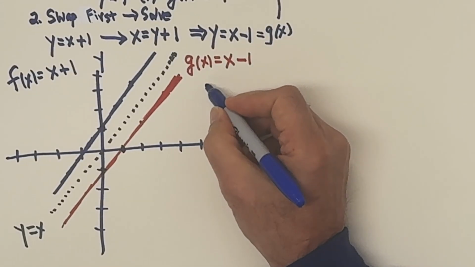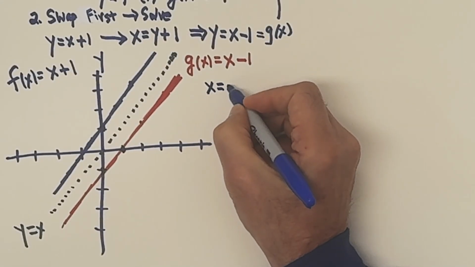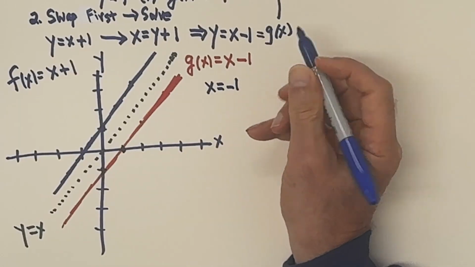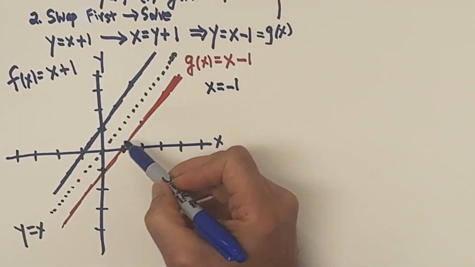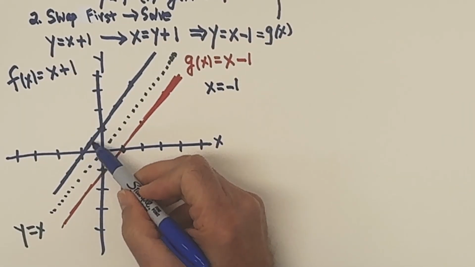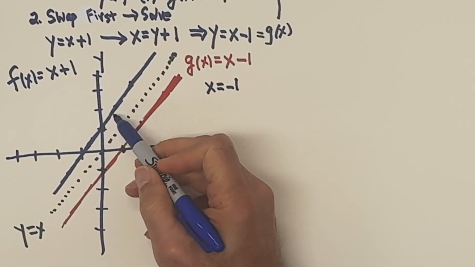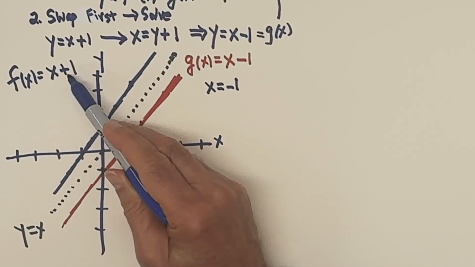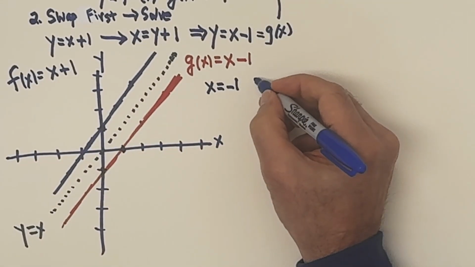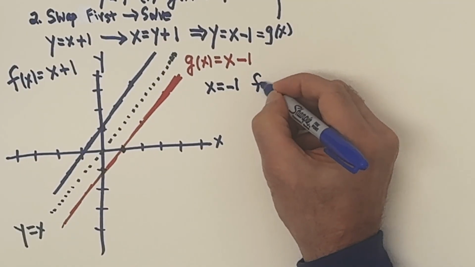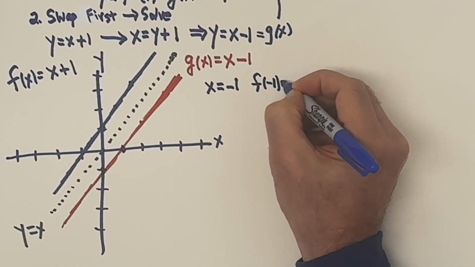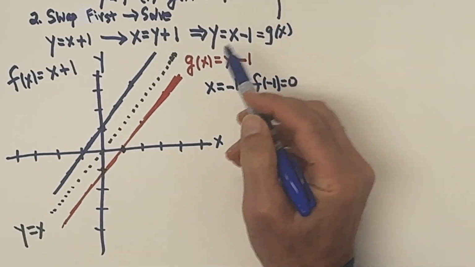And let's check that the inverse does work. The point we're going to check is x equals minus 1. If x is equal to minus 1 on the blue plot, minus 1 plus 1 is 0. So f of minus 1 is going to get you 0.